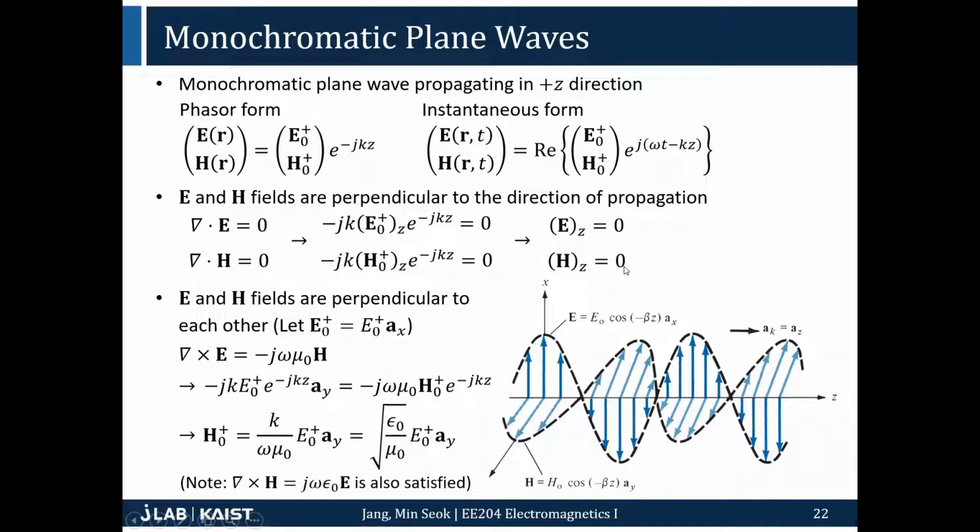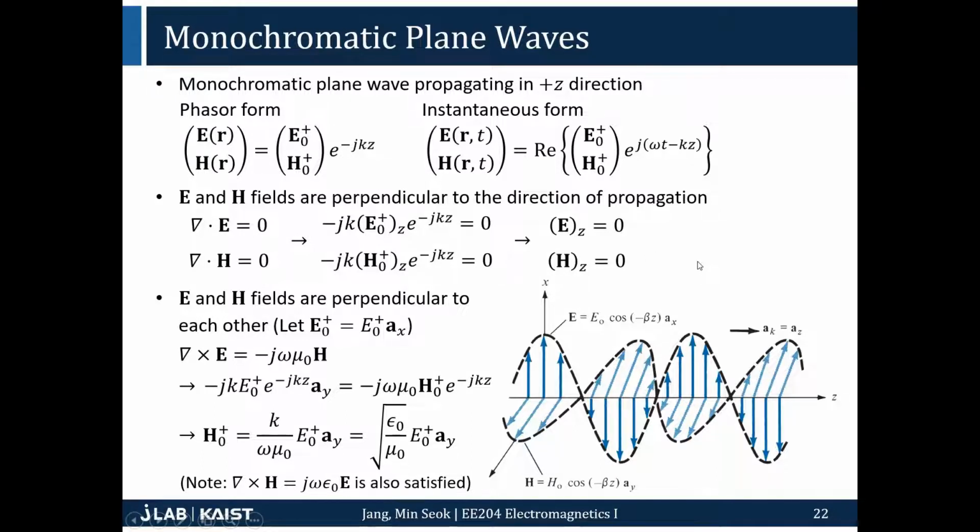What does that mean? The wave is propagating along the Z direction, and there are no E field and H field components parallel to Z. So the E and H fields must be perpendicular to the propagation.